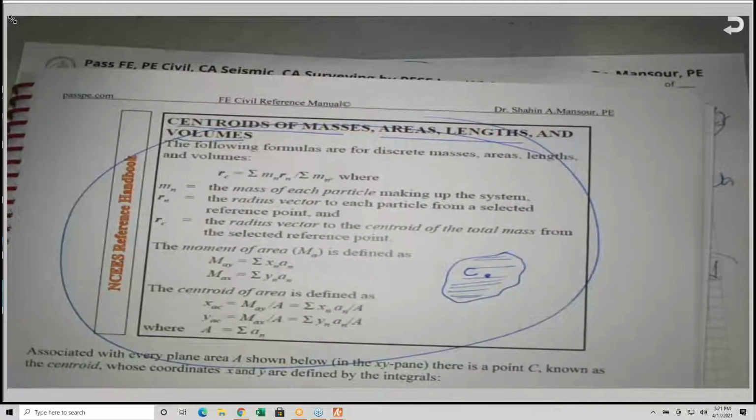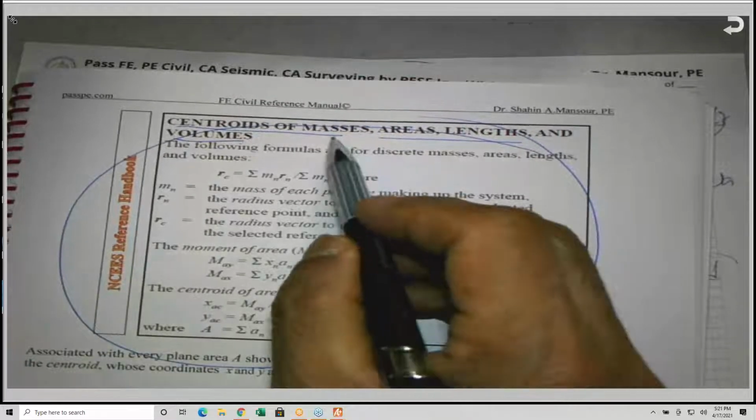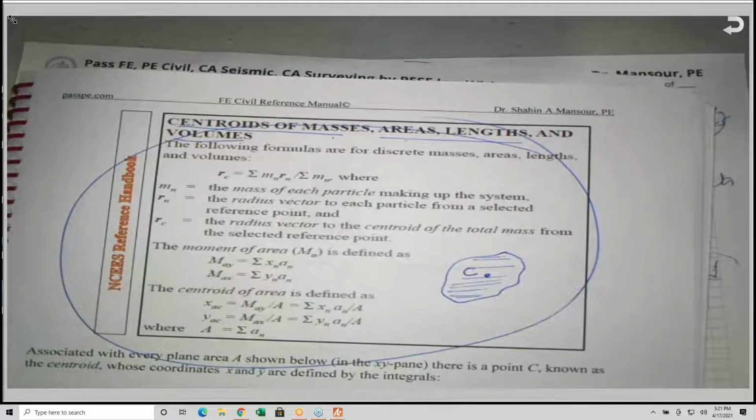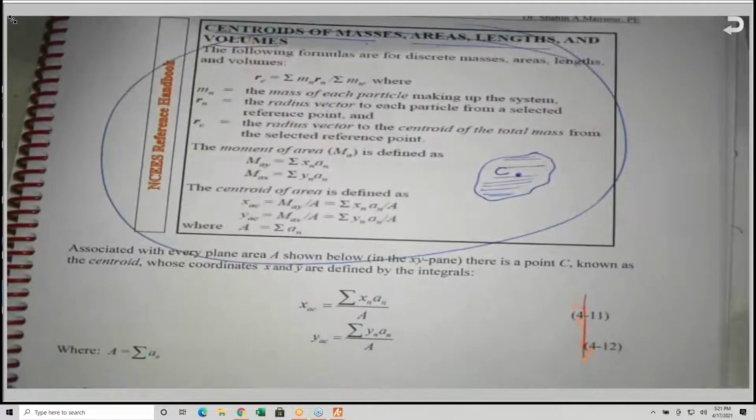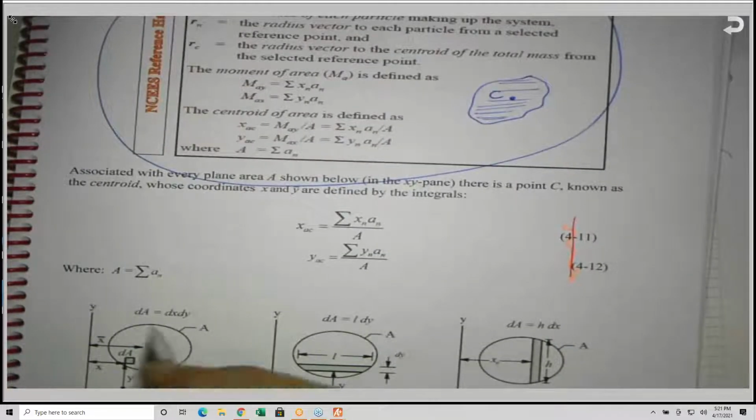The equations are essentially the same, except one time we are using the L for the length, one time we are using the mass, and one time we are using the area. So all these equations are given to you on the exam. And here, this is an area, for example, and it has a centroid, and the distance from the centroid to the x-axis, we call it y prime, and this is x prime.